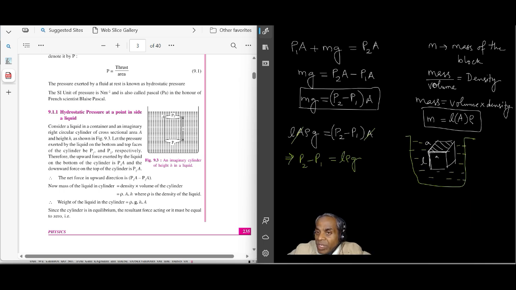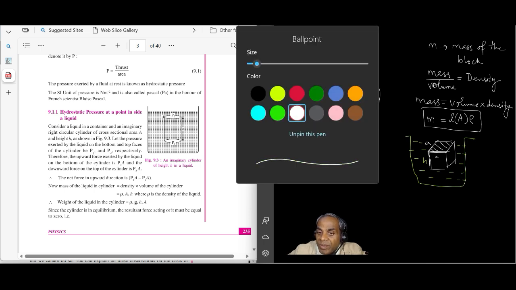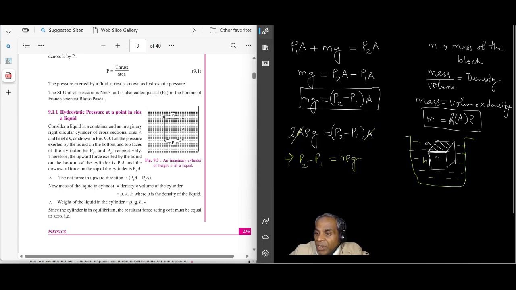So we can replace this L, which is nothing but depth or height, with H. So instead of L, H rho g, and here also instead of L, this can be written as H. So now if you see this equation, P2 minus P1 is equal to H rho g.